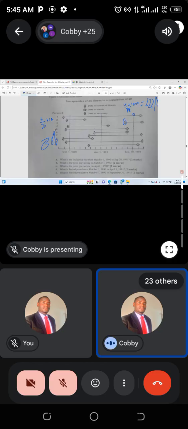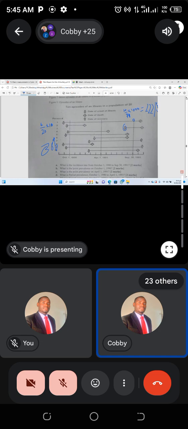Then what is the point prevalence on 1st April 1991? Let's identify the sick people at this point.